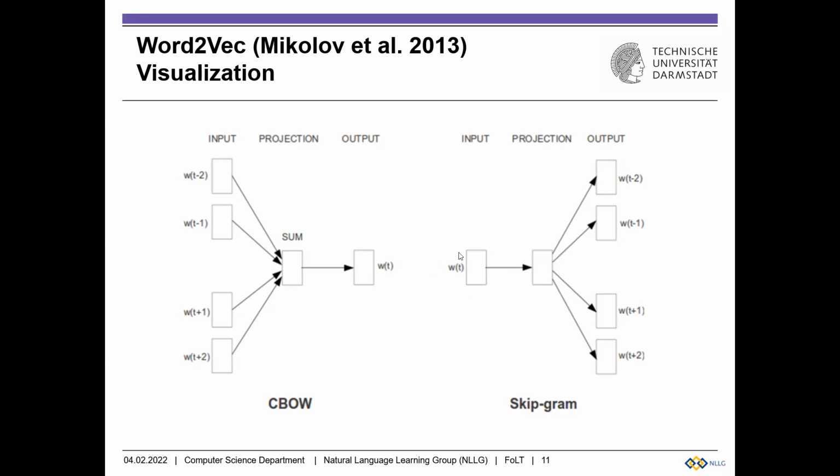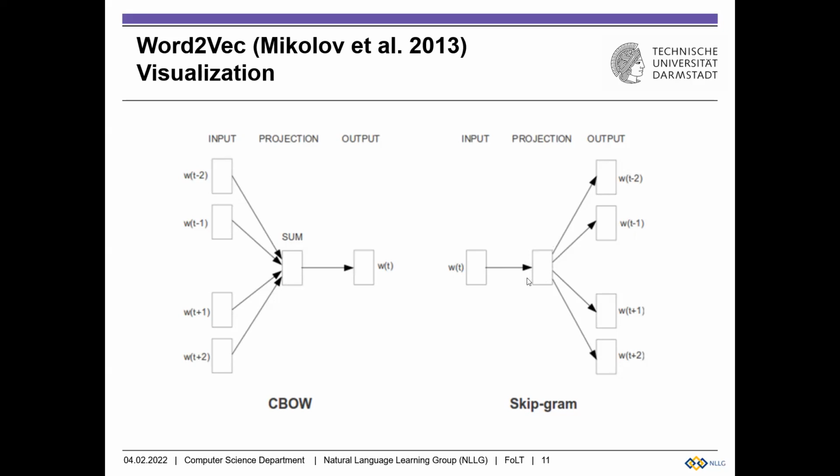So for the skip-gram model, we have the center word, which is initially represented as a one-hot vector. So it means that there's exactly one 1, and all the other entries in the vector are 0. Then this center word, this one-hot encoding, is fed into a hidden layer, which is here called the projection layer.